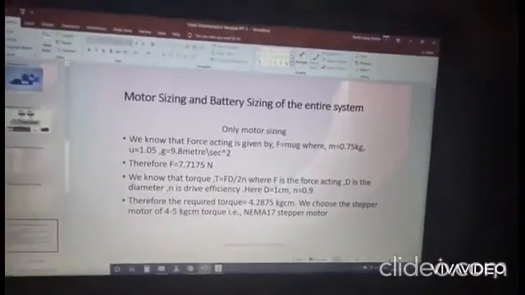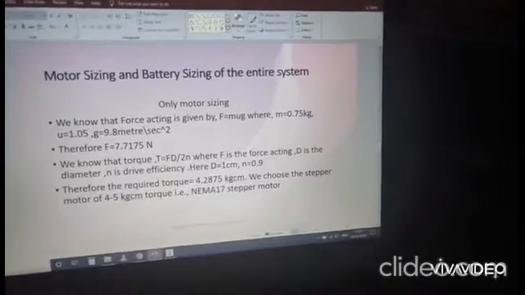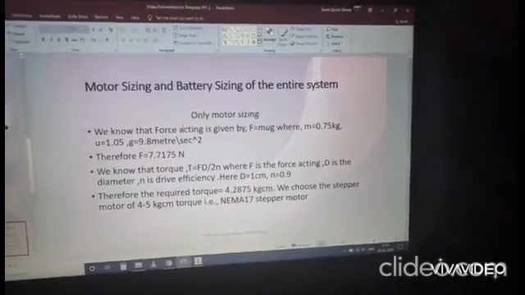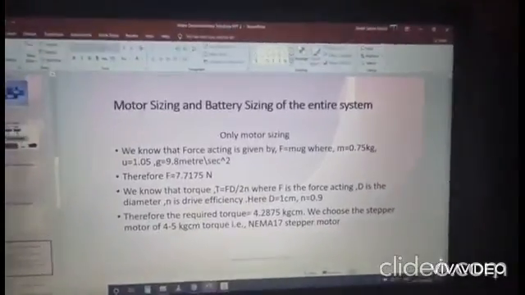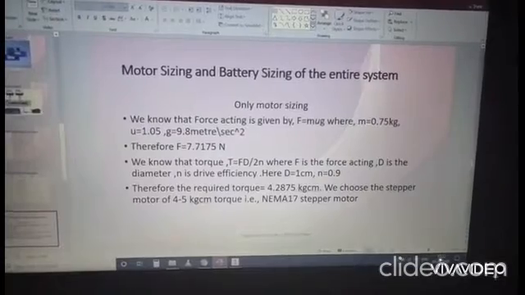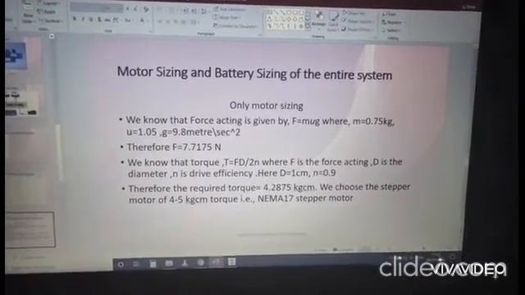Coming to the next point, motor sizing. Here we are doing only motor sizing because we don't need a battery. Our model will directly run over the main input AC source. In motor sizing, we know that force is given by μmg.